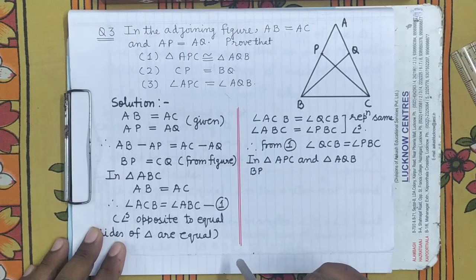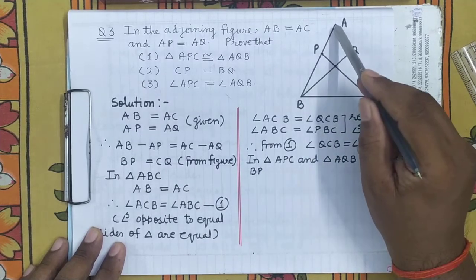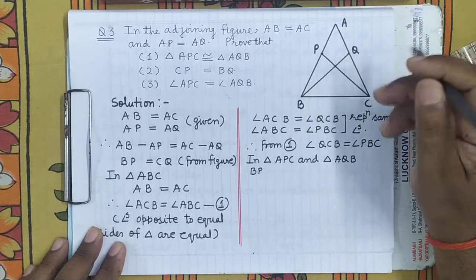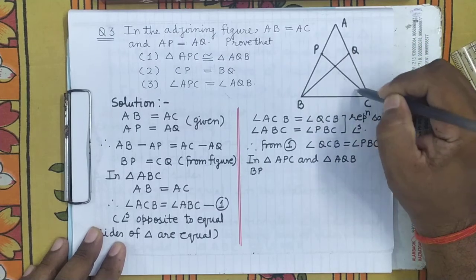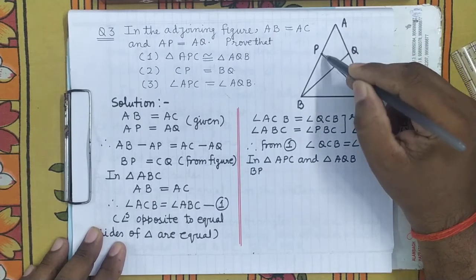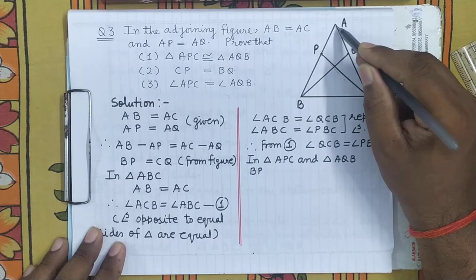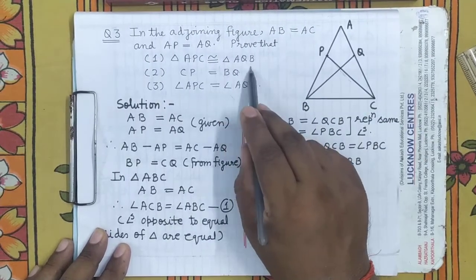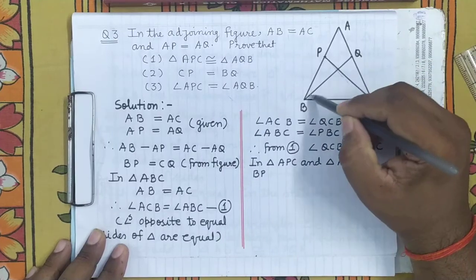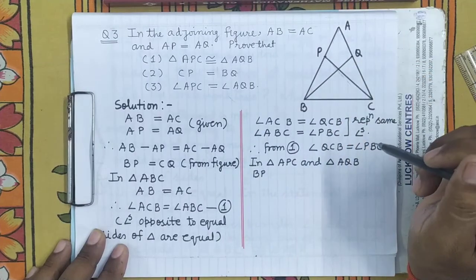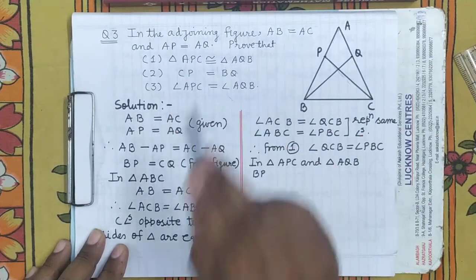You have to prove triangle APC, which is this triangle, and triangle AQB, which is this one, congruent.